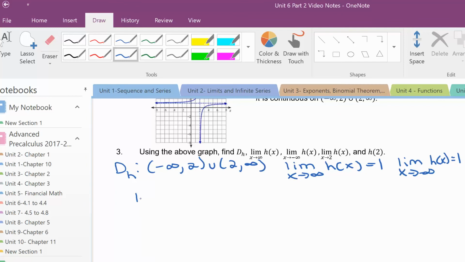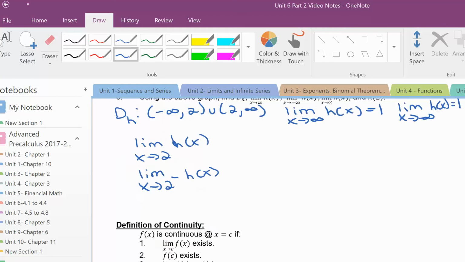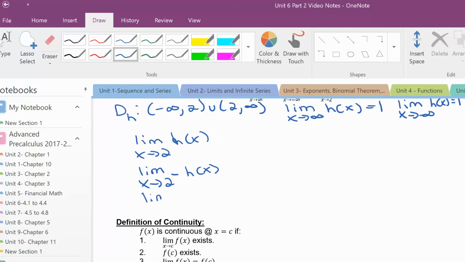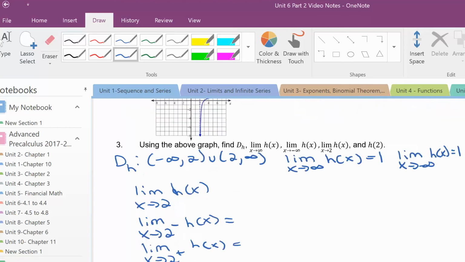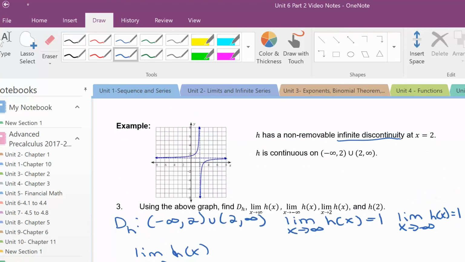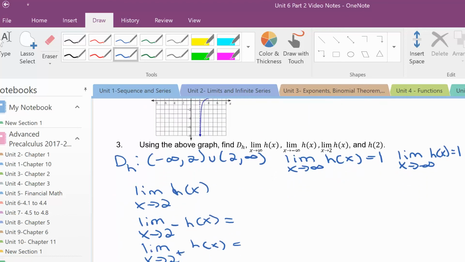And then the limit as x approaches 2 of the function, and remember, when you get to a number, you have to do the left and right hand limit when you're looking at it graphically. So the left hand limit is going towards infinity and the right hand limit towards negative infinity.